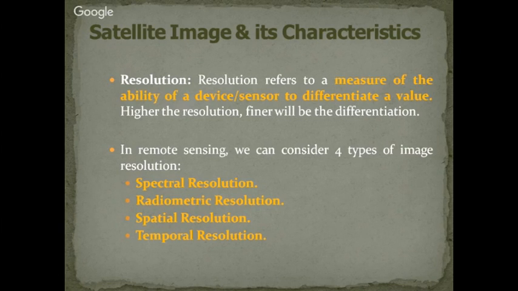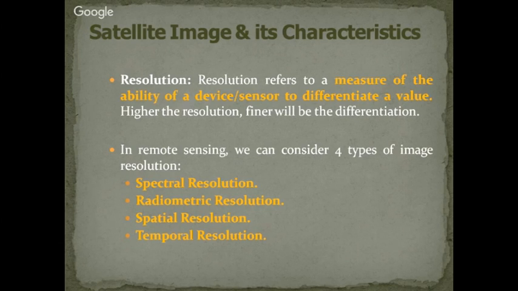For example, a spatial resolution of 100 meters means that any object which has dimensions of 100 meter by 100 meter or larger will be identifiable, whereas any object which has a size less than 100 meters cannot be identified on a 100-meter resolution satellite image.